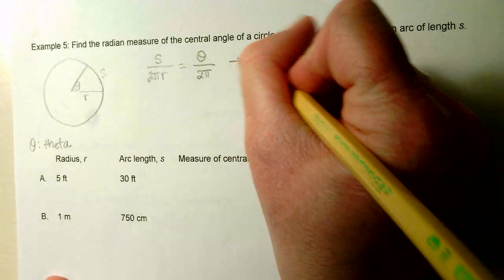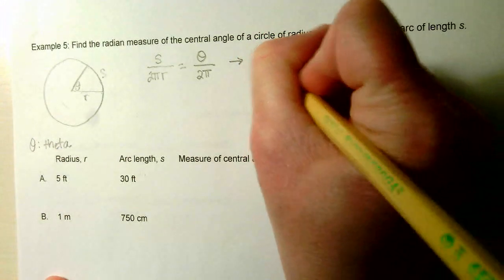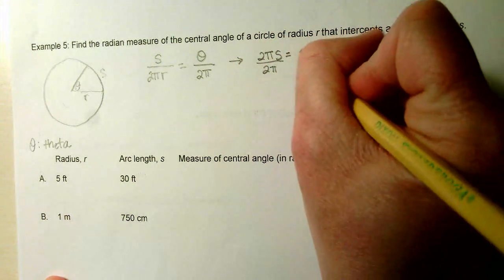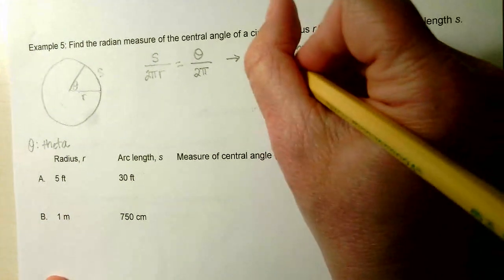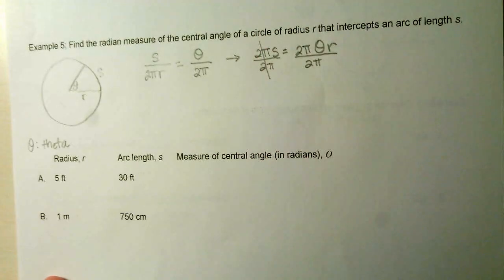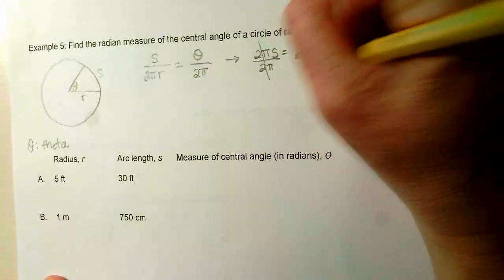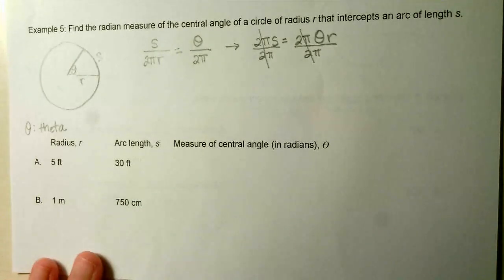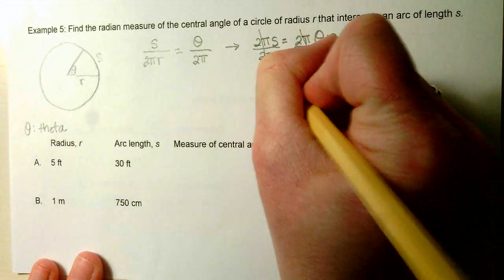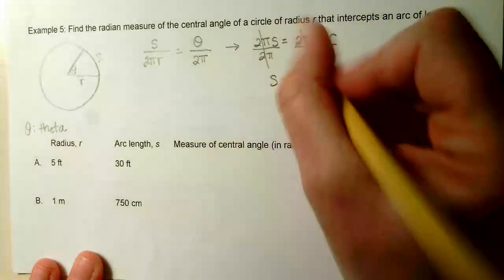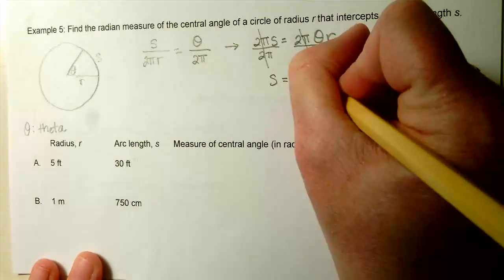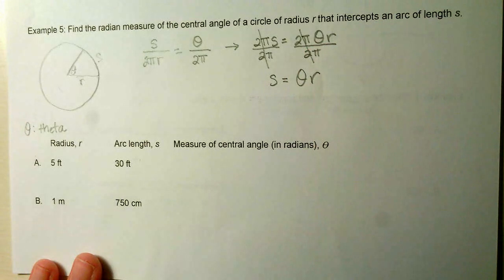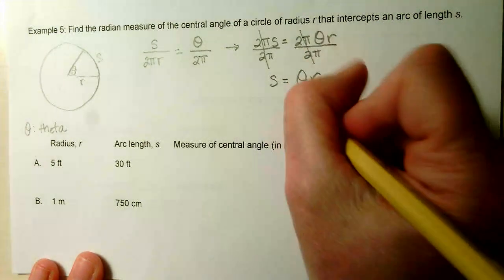And if we divide by 2 pi on both sides to try to get S by itself, we're going to see these 2 pi's divide out and these 2 pi's divide out. And we're left with S, the arc length, is equal to theta times r. A couple important things here.